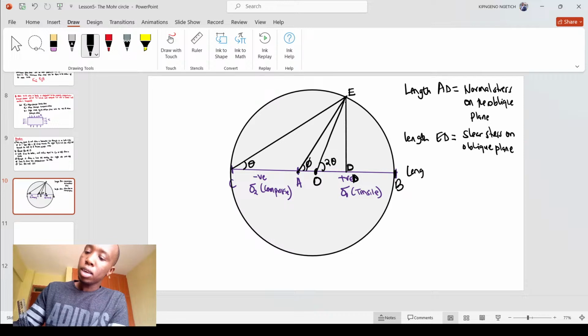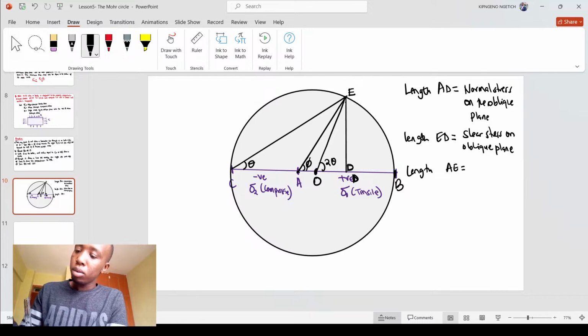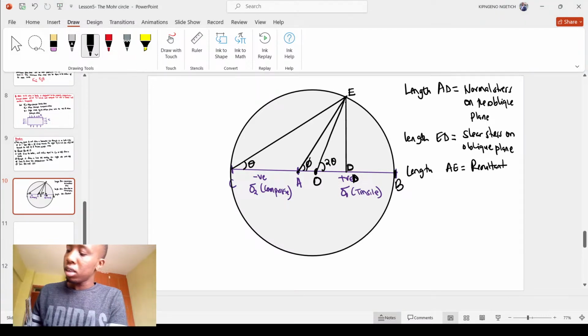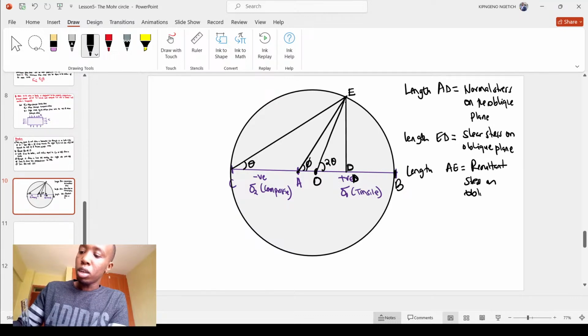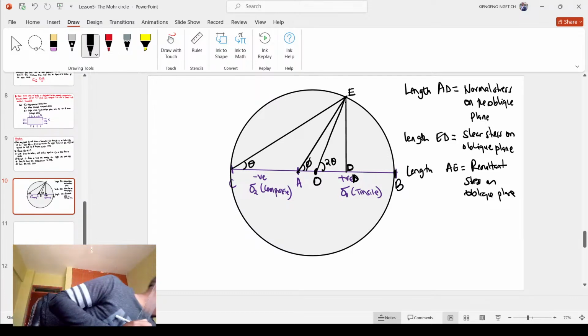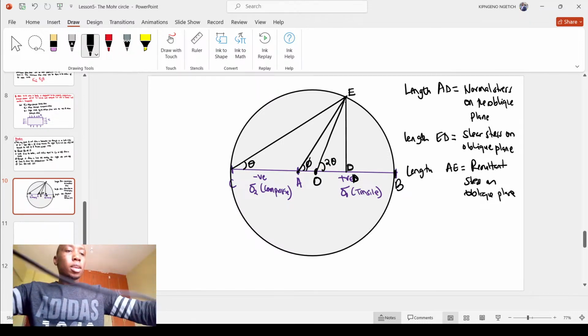And AE is the resultant stress on the oblique plane. Very good.